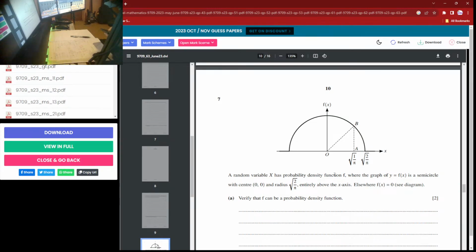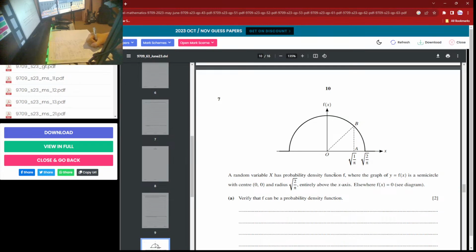So let's put this in the calculator. Half pi, root 2 over pi, squared, equals 1.